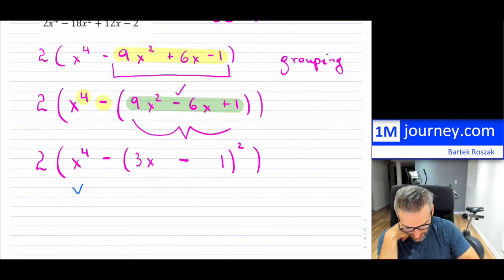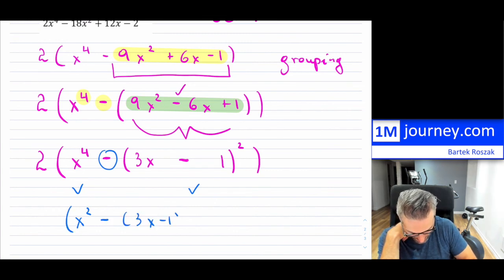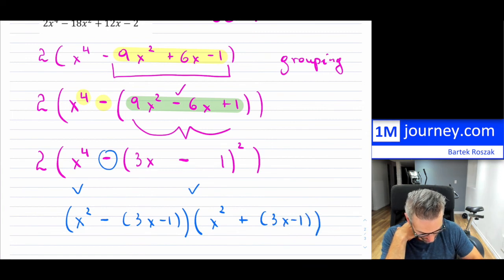Because this is negative, I have a difference of squares. So what I can do is say x squared minus the 3x minus 1 multiplied by x squared plus, that's the difference of squares, 3x minus 1.